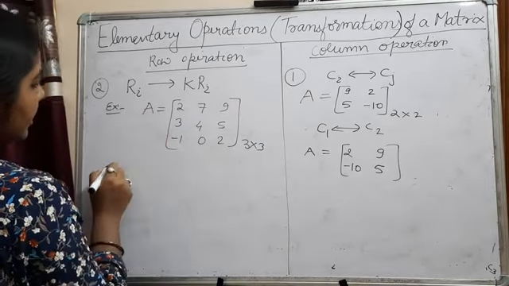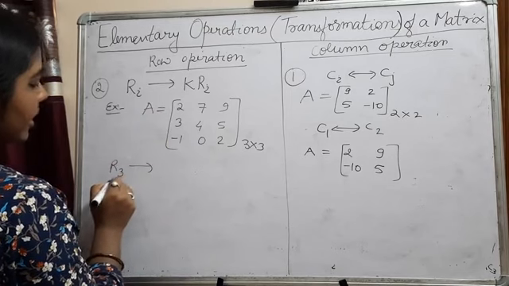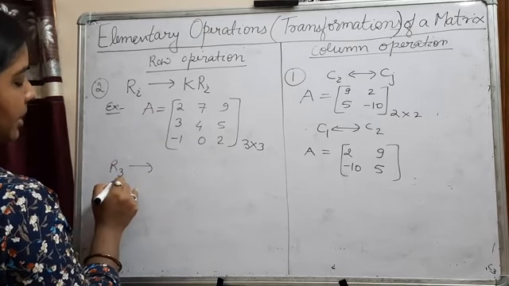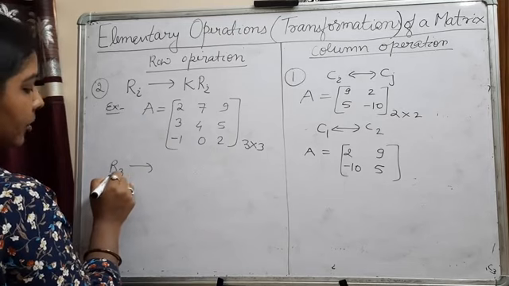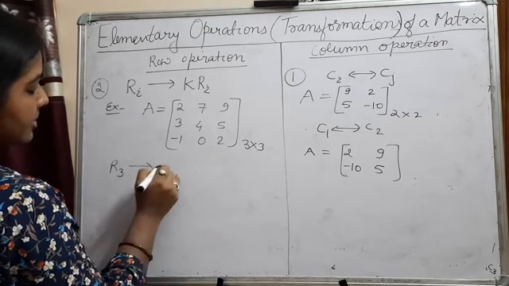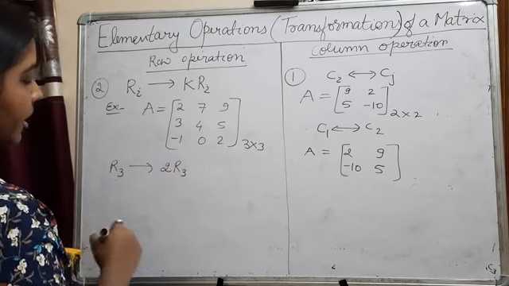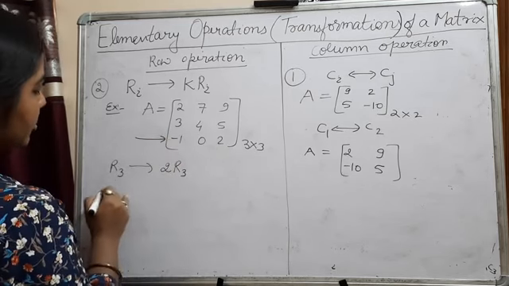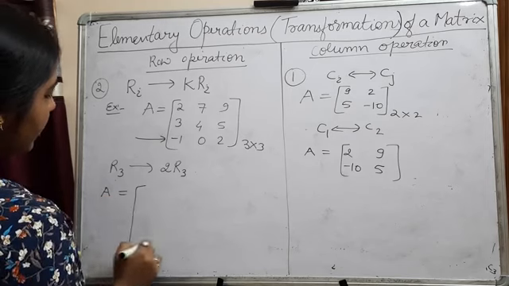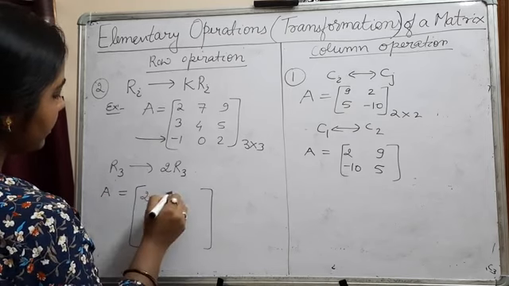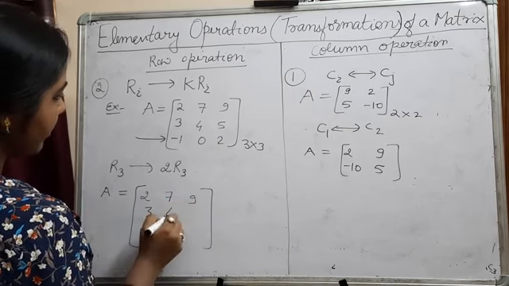I have taken one row, R3, and I am going to multiply it by a scalar quantity. R3 tends to 2R3. So the resultant matrix will be as follows. The rest we will write the same.